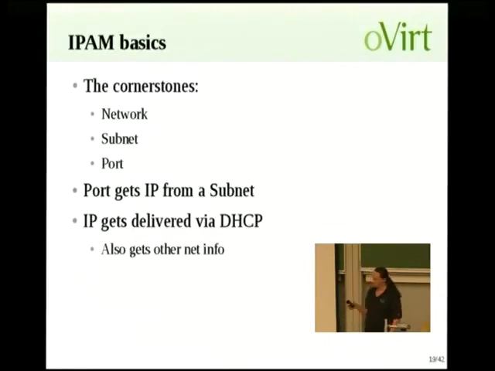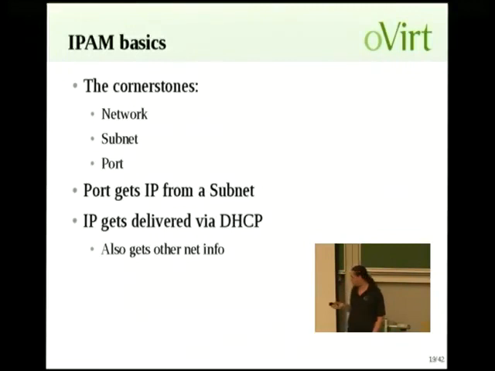One or more subnets can be attached to a certain network, a layer 3 IPv6 or v4 subnet. And a port can have an IP on one or more subnets of that network. A port is just a connection to a network, and you can define an IP on it. And this IP gets delivered in the end by a DHCP service that Neutron is running.